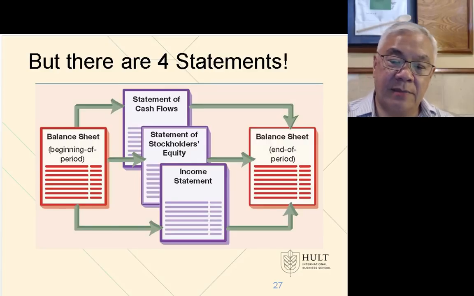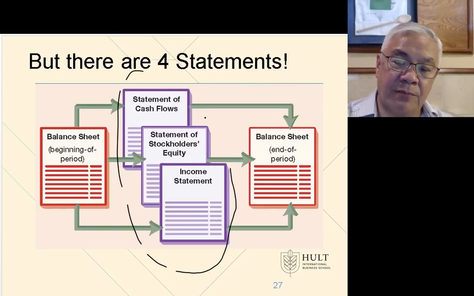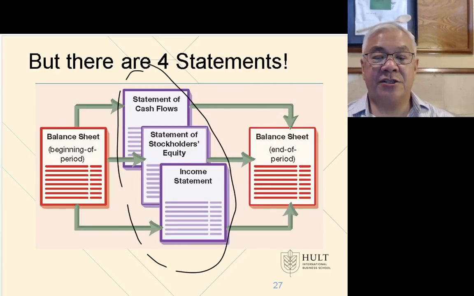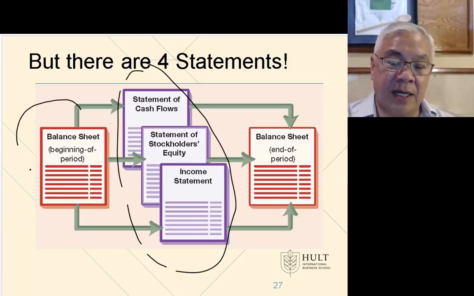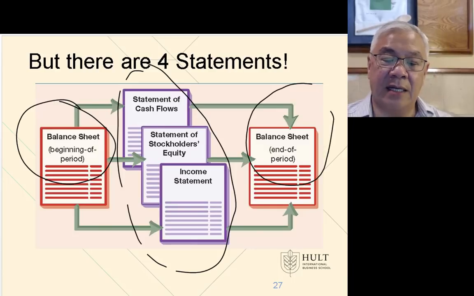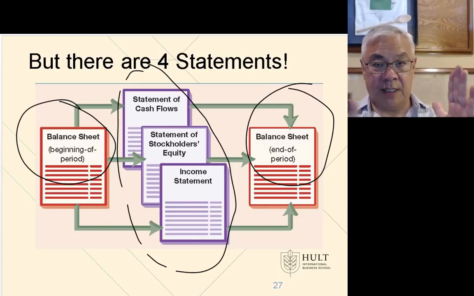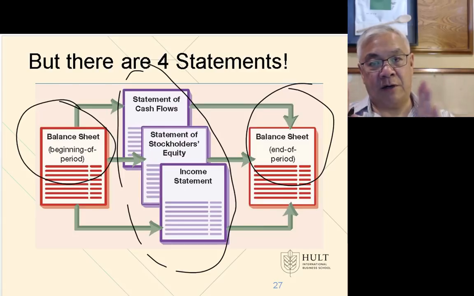So these statements in the middle, right here, represent the explanations of what happened during the year, and the balance sheet at the beginning and the balance sheet at the end are like the end posts, and everything happens in between. At the end of the current year, we close the books and we go on to the next year, right?